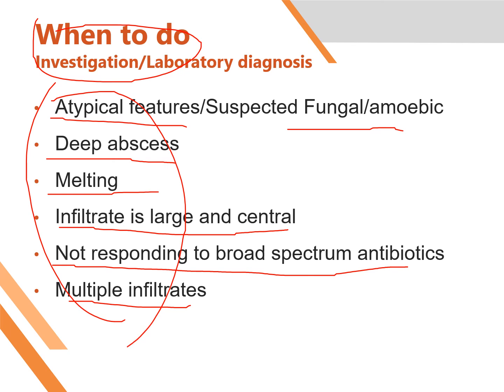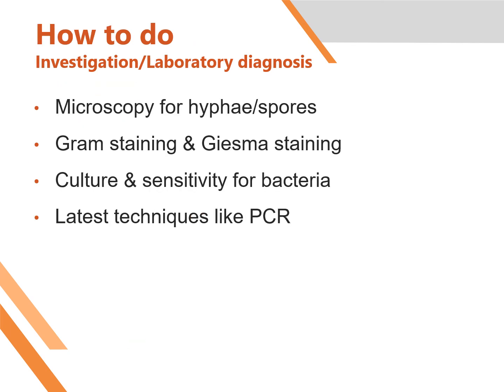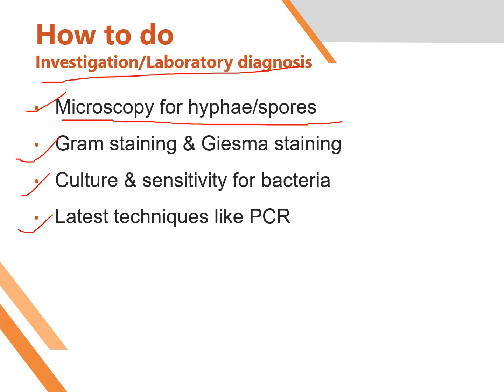So how do we investigate? Very simple. The laboratory investigation consists of microscopy, gram staining and Giemsa staining, culture and sensitivity, and latest techniques like PCR. In the KOH mount, we look on the slide for the hyphae. If the hyphae are present, that points out towards the fungal origin.